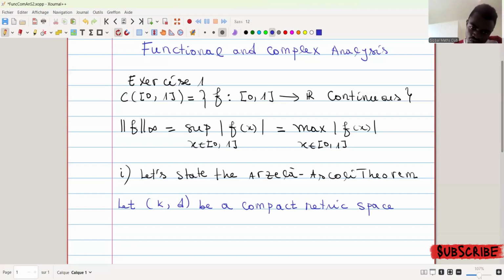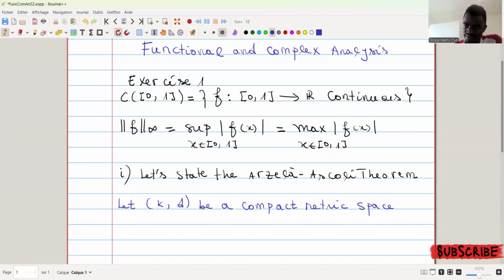it is good for you to know the definition of a metric space and the definition of a compact metric space. Maybe we cannot give it here, so you can just go through your notebook, but I think it's not very important to mention it here, though it will be good if you know it. A metric space, as you can see, is this couple (K, d), where K is a non-empty set and d is a metric on K, and you know the definition of a metric.